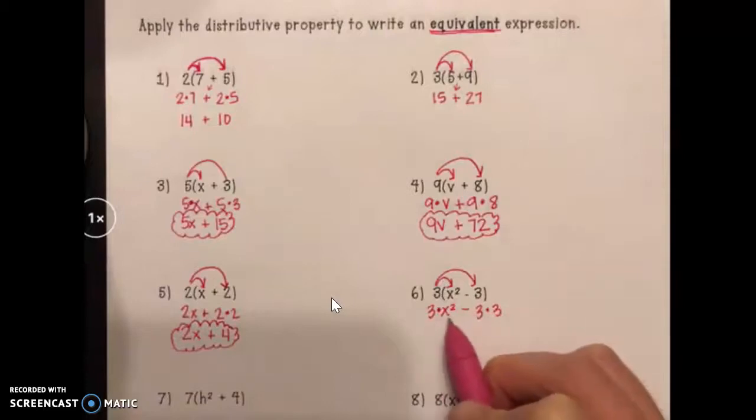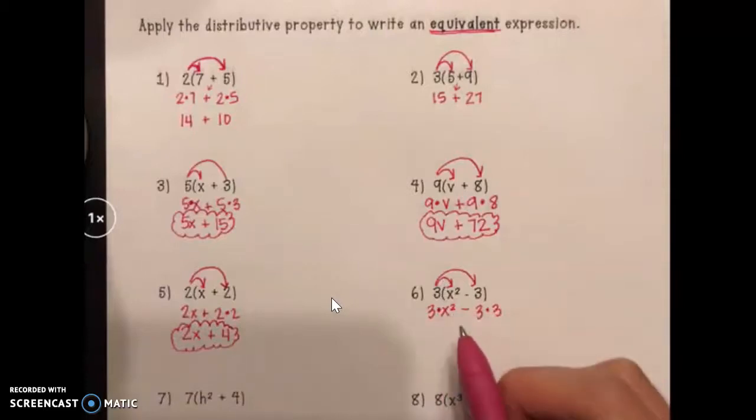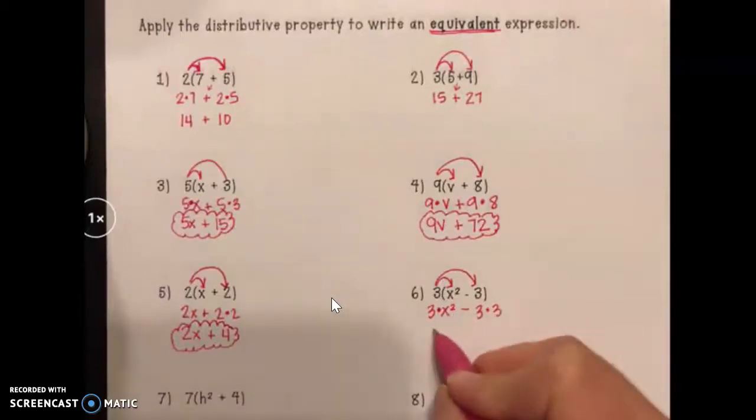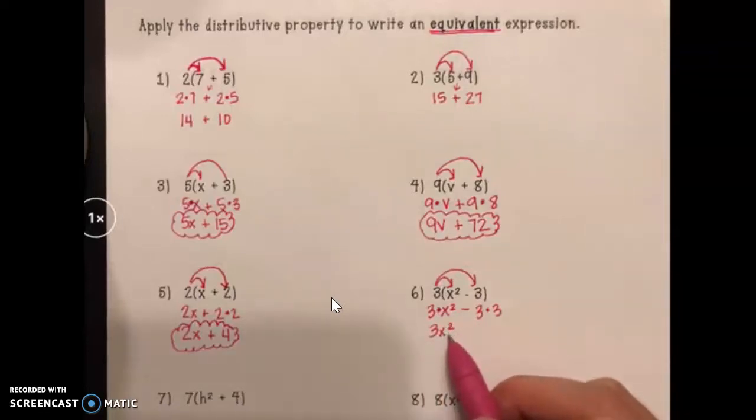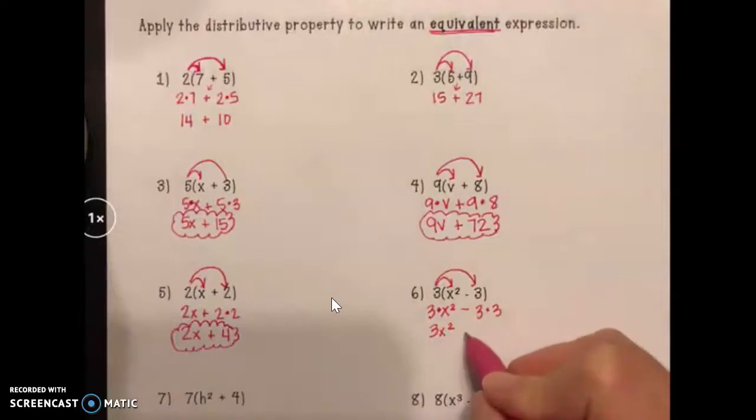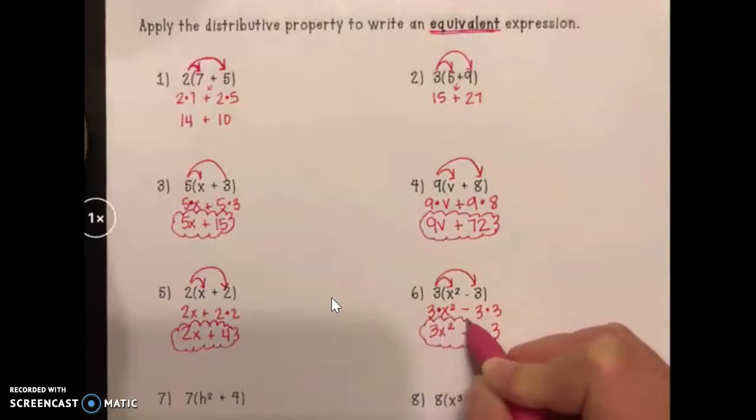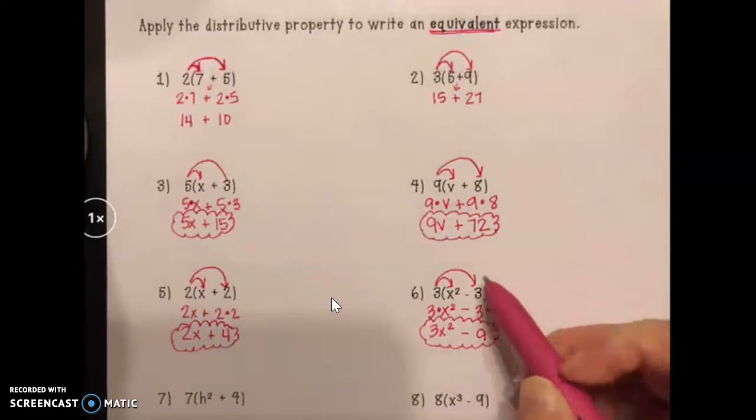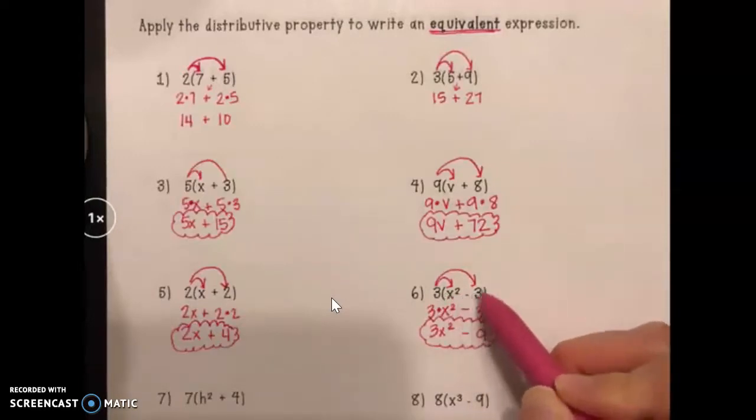Do we know what this x squared is? No. So we can't solve that yet, so we're just going to leave that as 3x squared, because we're going to multiply 3 times x squared. We don't know it yet, so we can't do anything else. Minus, but we can do something here. This would become 9. So 3x squared minus 9 is the same thing as 3 parentheses x squared minus 3.